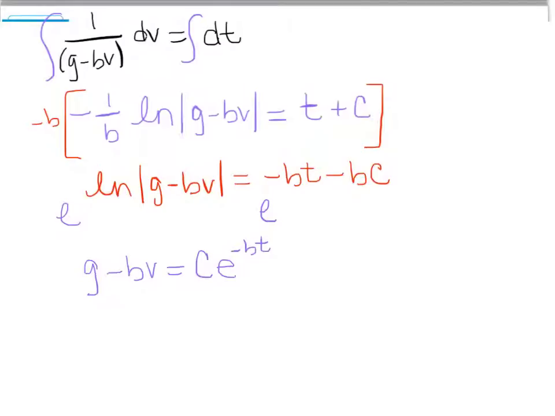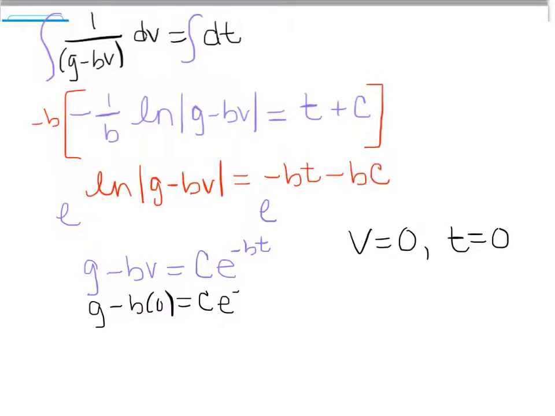Now, since our object was dropped, we know that the velocity equaled 0 when our time equaled 0. Using that, we can solve for c, because then I end up with g minus b times 0 is equal to c times e to the negative b times 0. I know that this whole piece is going to become 1, so g equals c.